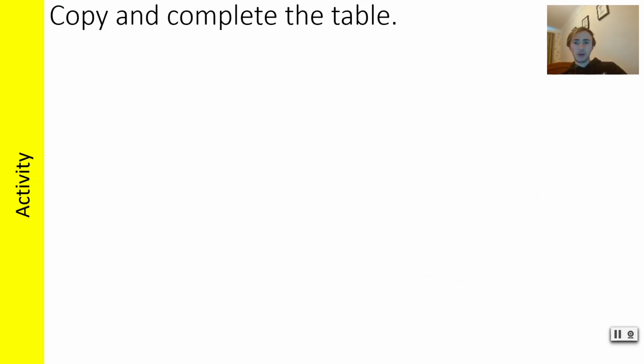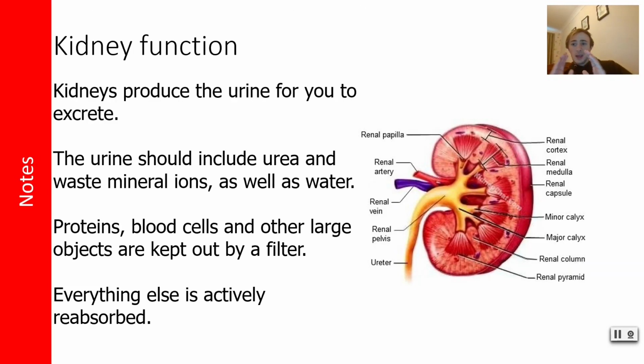Now, there's 2 stages. In the kidney, there are 2 ways of stopping things going into the urine. There is a filter right at the beginning of the kidney. Now, I'm not going to go into any more detail about where the filter is, how the filter works, but broadly, all the filter does is it keeps large objects out of your urine.